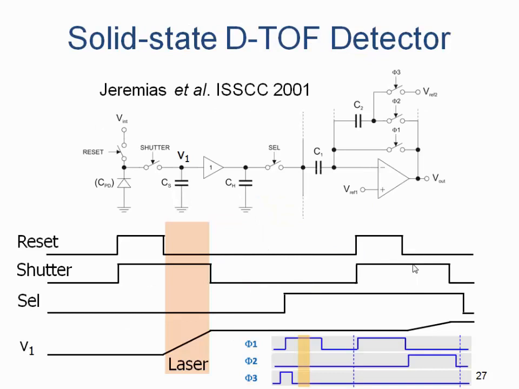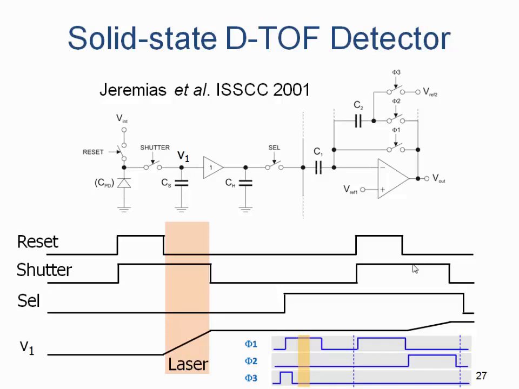Well, the way you do it is there are several techniques. The first one was introduced by Jeremias and others in ISSCC 2001. So what they did is the following. They basically took 2 capacitances and a very fast shutter.